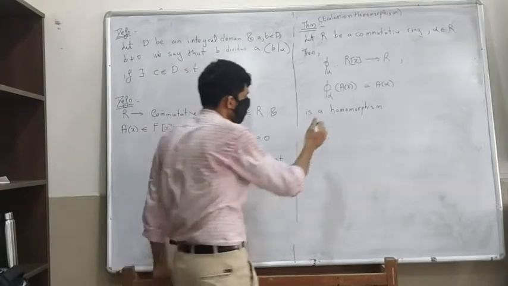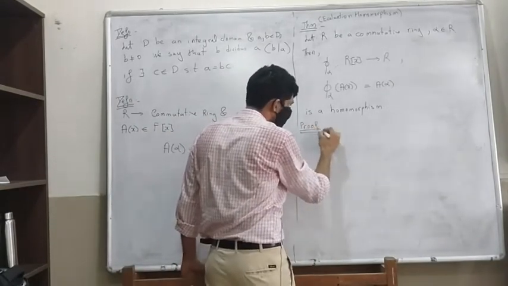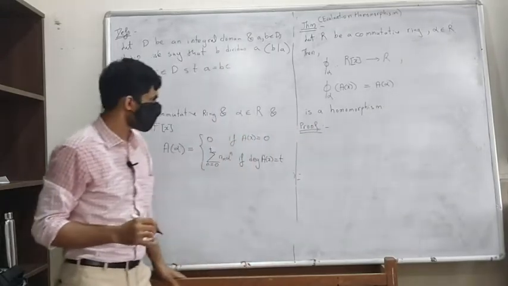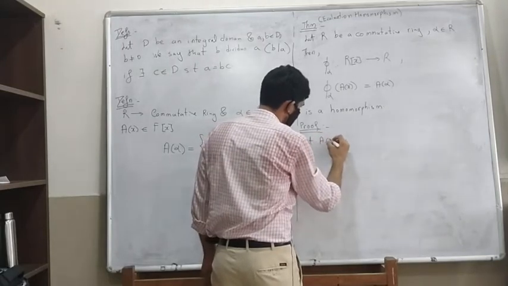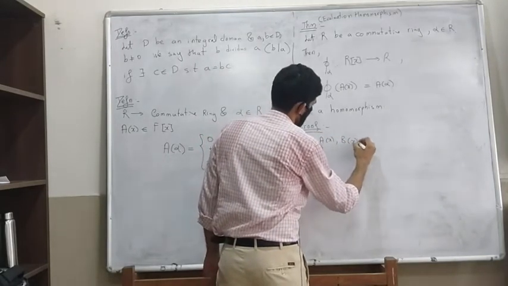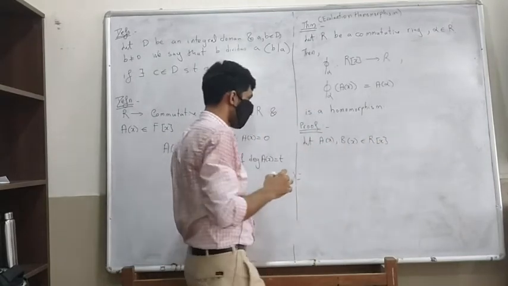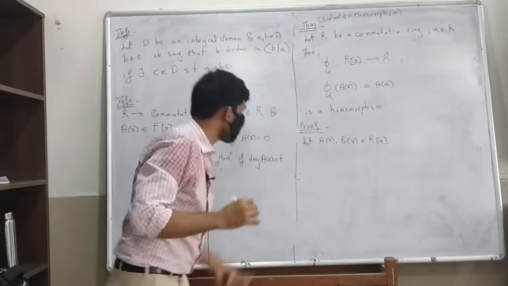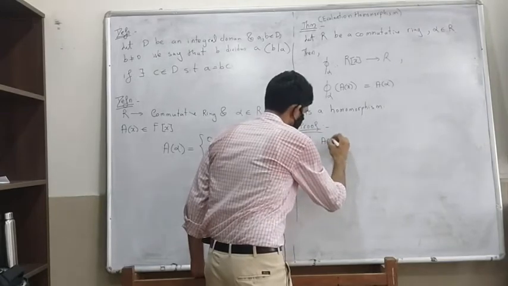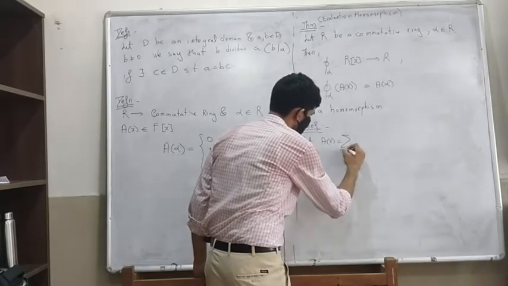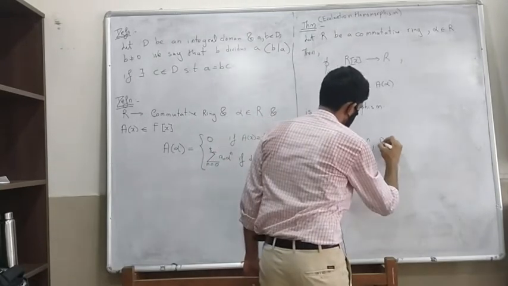So how do I prove that this is a homomorphism? I need to prove that it satisfies two properties. One of them is quite obvious. So we take some A(x) and B(x) in R[x]. Let me use similar notation to what I have been using earlier, that is, the summation of a_n x raised to n, and we have B(x).